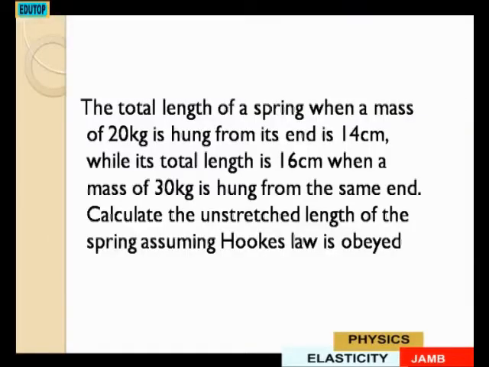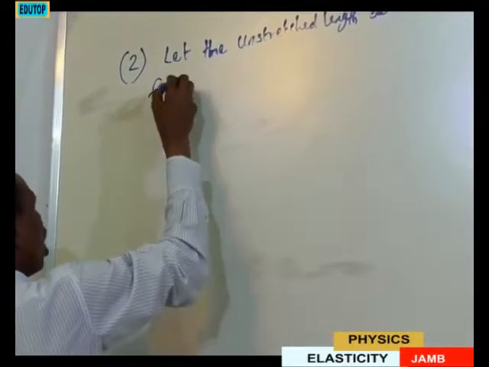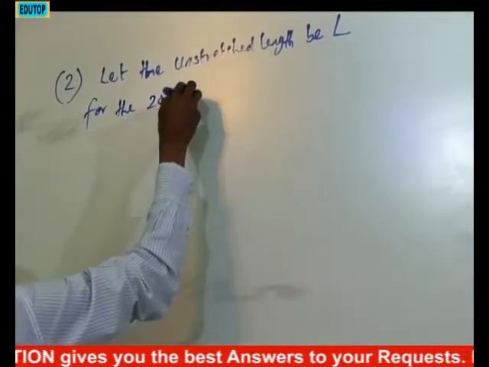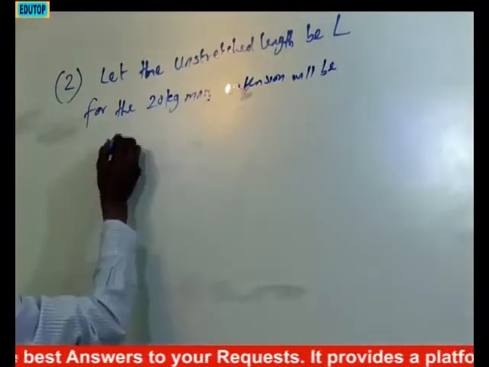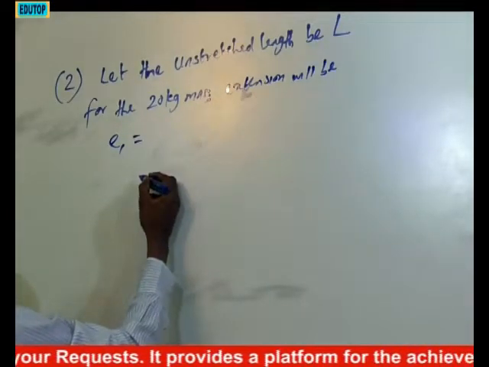So what will now be the extension produced by the time we have a mass of 20 kg hung on the spring balance? The extension produced, let's say for the 20 kilogram mass, the extension will be, let's call it E1, equal to the final length, okay?